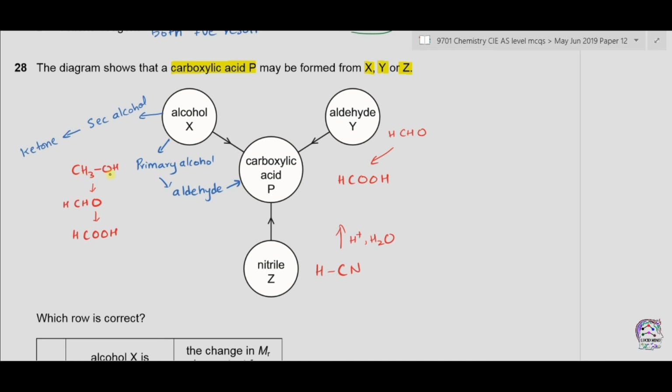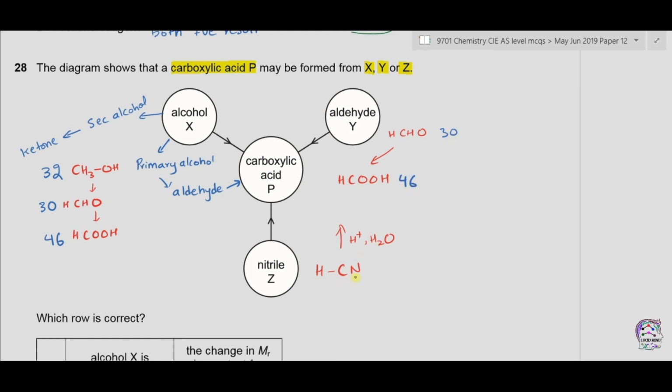Let's find out which molecular mass change is the greatest one. Now the molecular mass of CH3OH is 32. HCHO is 1 plus 12 plus 1 plus 16, 30. For HCOOH we would have 46. Again for aldehyde we have 30. For carboxylic acid we have 46.